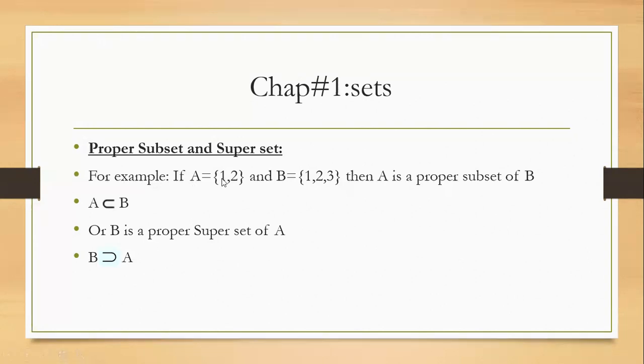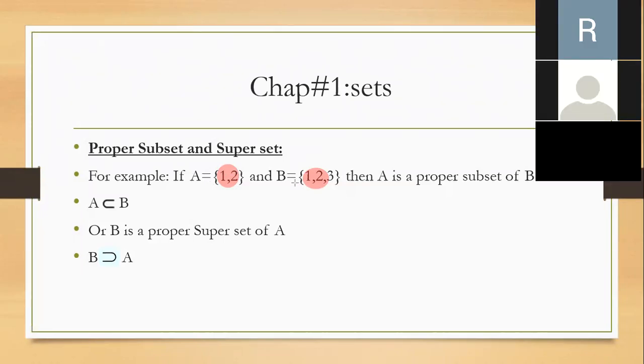For example, if A contains 1, 2 and B contains 1, 2, 3, then here you can see that A contains the elements which are also inside B. So you can say that A is a set which is a part of set B. A contains the elements which are the part of set B, or you can say that A is a subset of B. A is a subset of B.